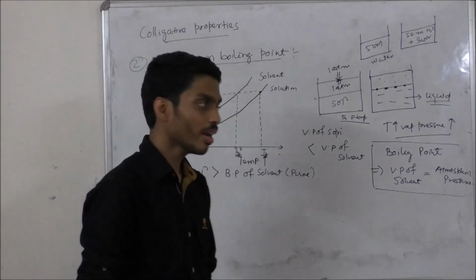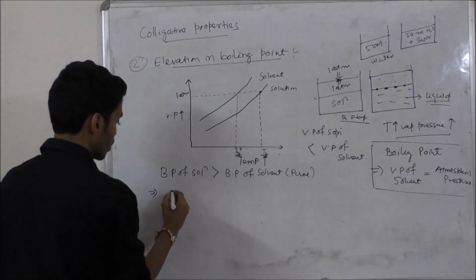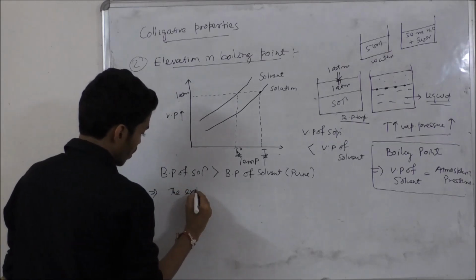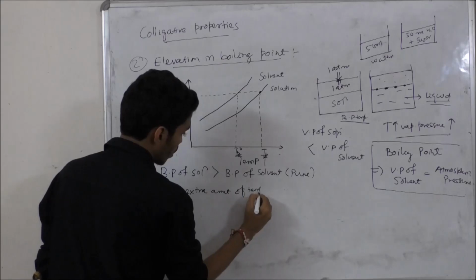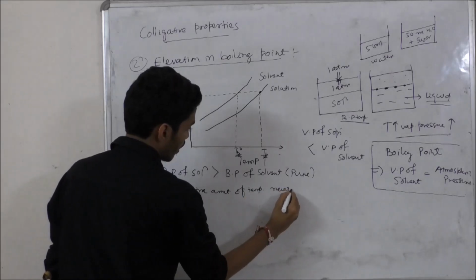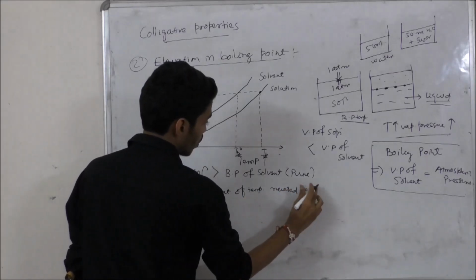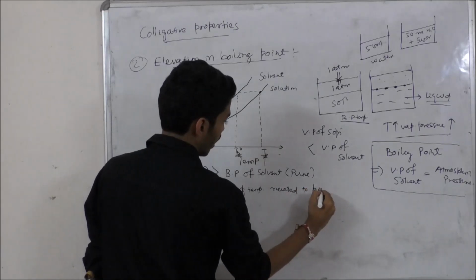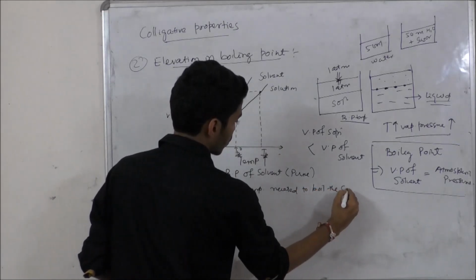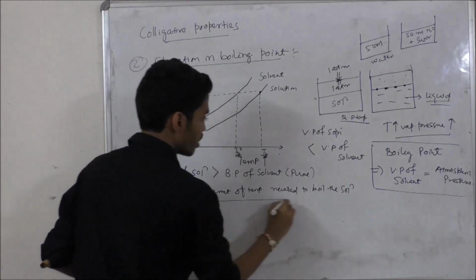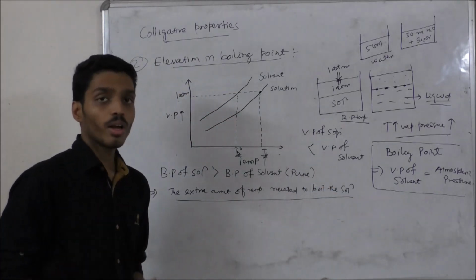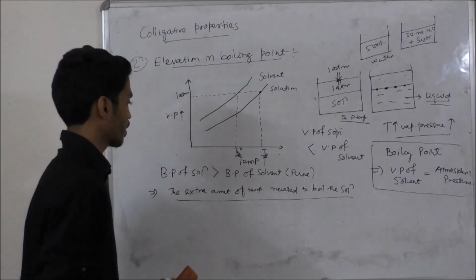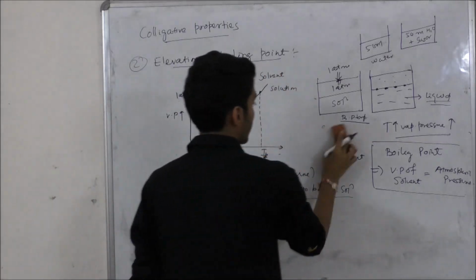That is the extra amount of temperature needed to boil the solution. Okay, so this is elevation in boiling point. And now let's make a mathematical equation.